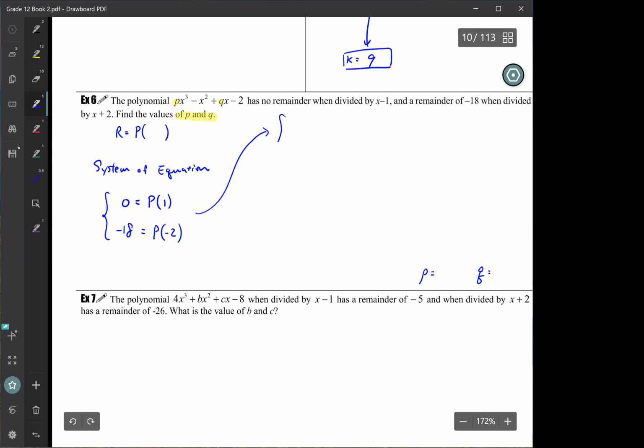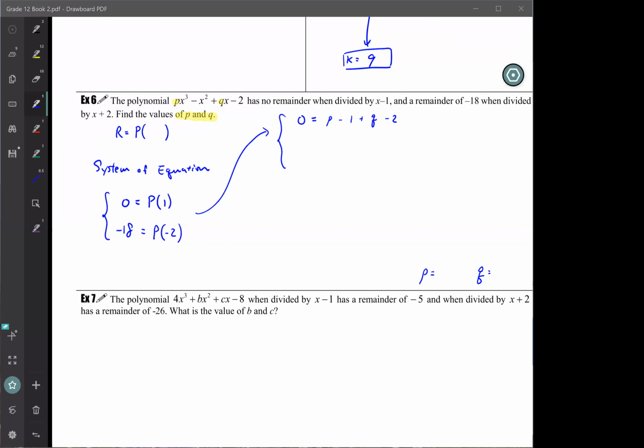So for the first one, 0 should equal, now you sub in the 1 into the x. So it'll be p times 1 cubed, so that will be 1, minus 1 squared, plus q times 1, so that's q, minus 2. So that's your first equation. Okay, so continue, get the second equation.